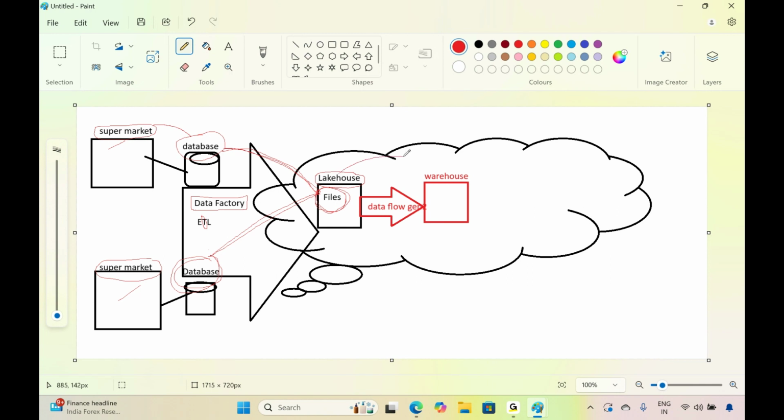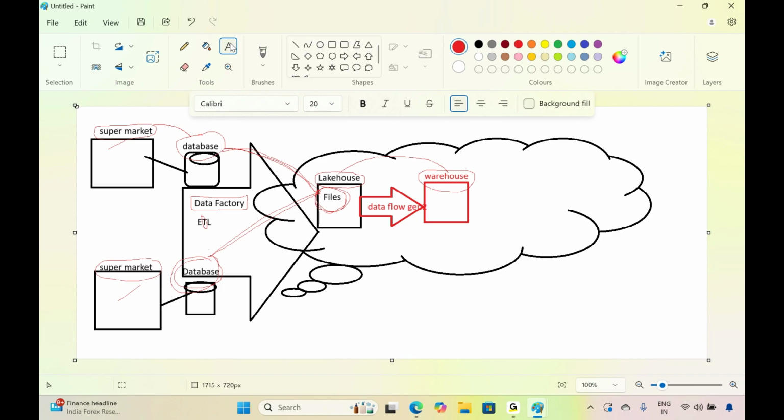Once the data is coming to this lakehouse, we are going to move that data into a warehouse. Warehouse is also one of the storage which contains database and tables over here.